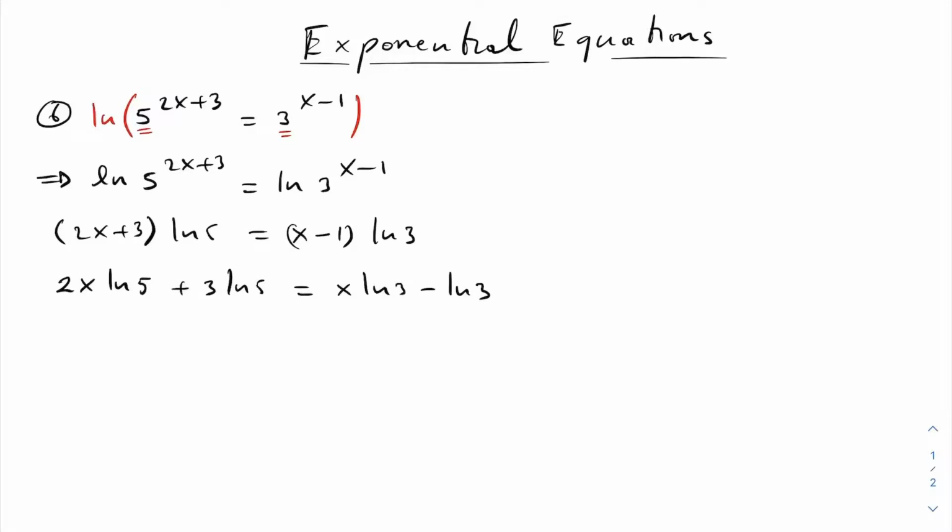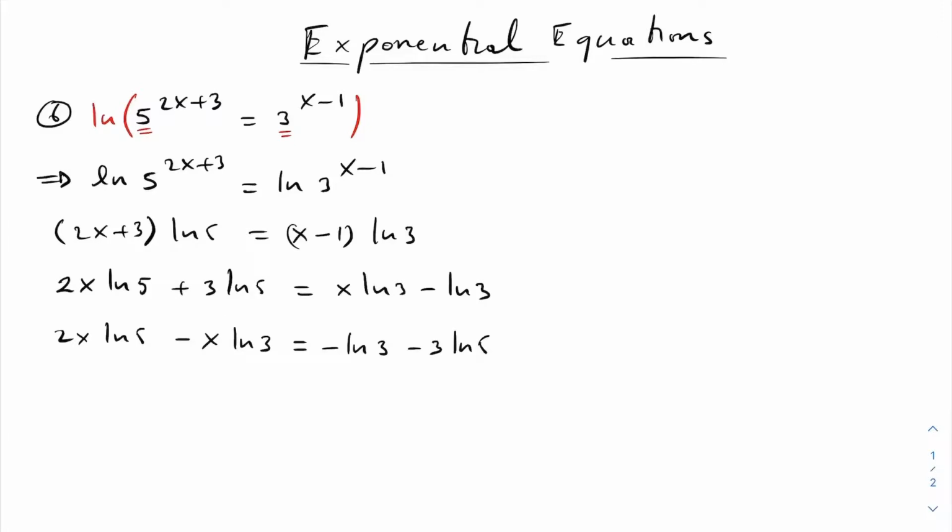And so with that, I have to go ahead and bring all the x on one side and all the non-x on the other side. So I'm going to have here 2x ln of 5. And then if I bring the x ln of 3, I'm going to have to subtract on both sides. That's going to give me here minus x ln of 3. And that's going to be equal to minus ln of 3. And bringing the 3 ln of 5 to the other side will give me minus 3 ln of 5.